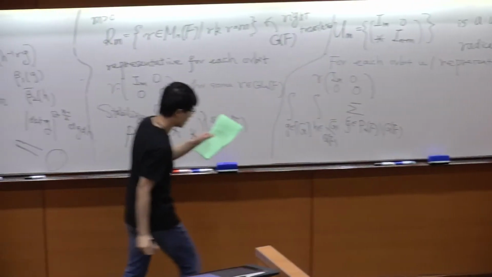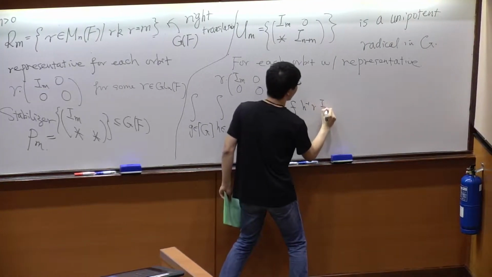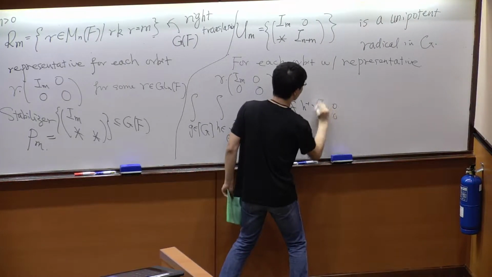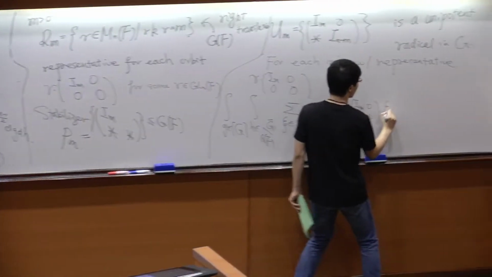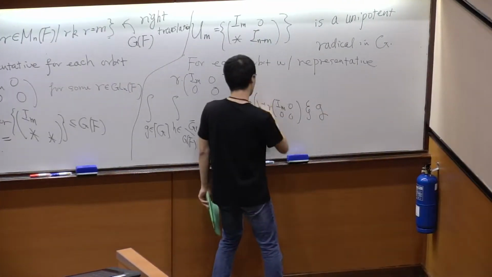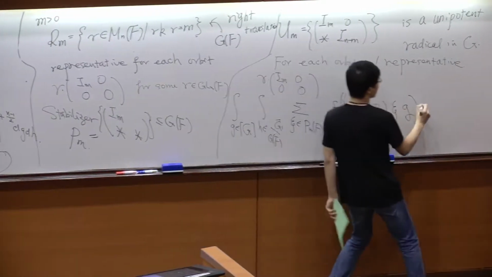And here is F of H inverse gamma IM00. And here is the CG. And here's beta 1 G and beta 2 H.